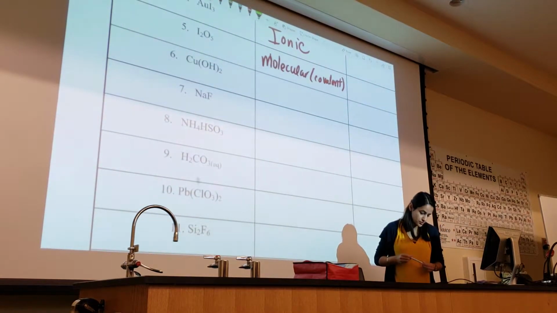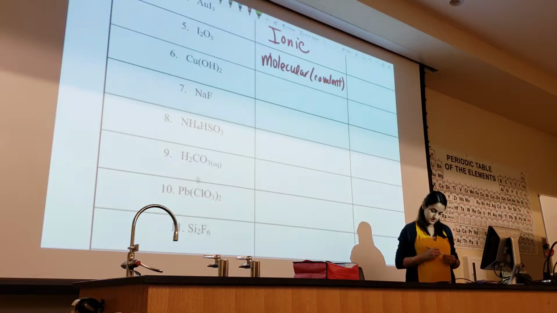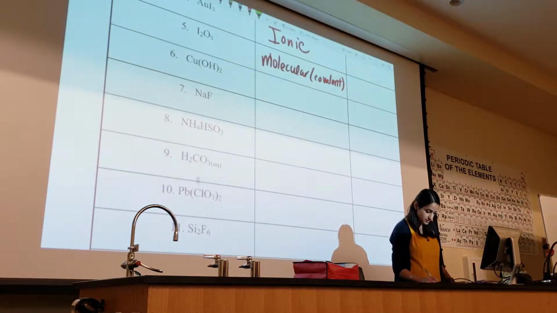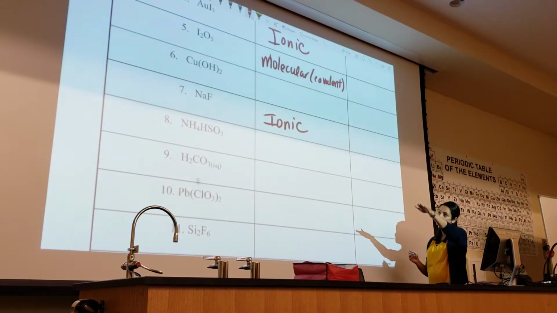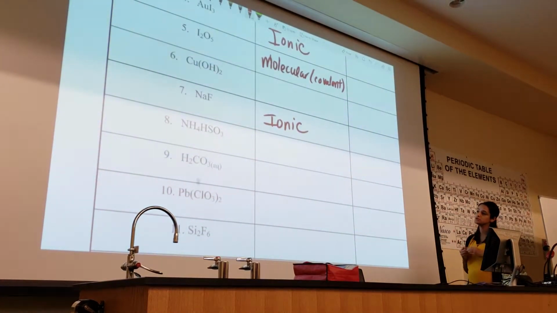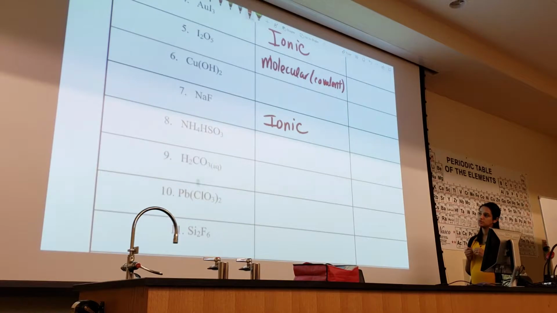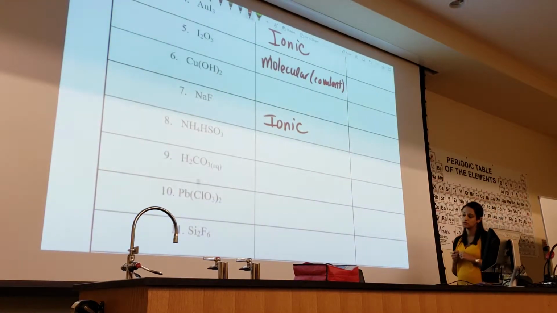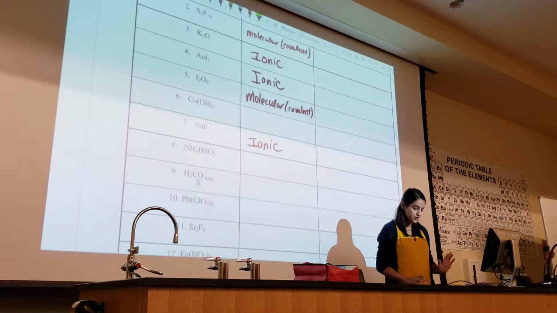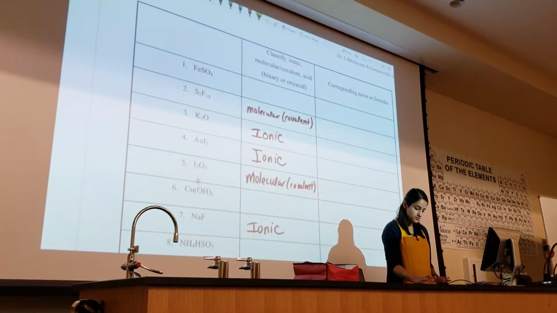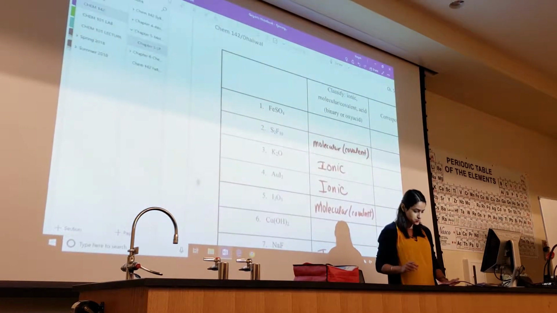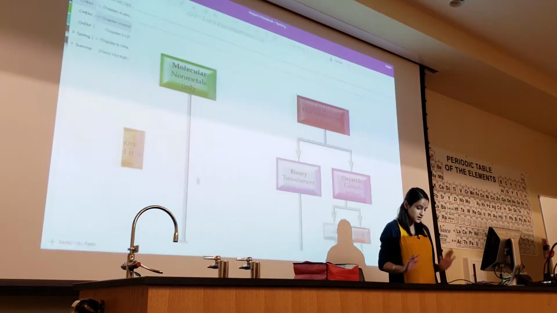What about number 7? Ionic. Yeah, ionic. You have sodium, which is your metal, fluorine, which is your non-metal. So it's just classifying them. Okay, we'll get back to the other ones once I introduce that. So you just classify.